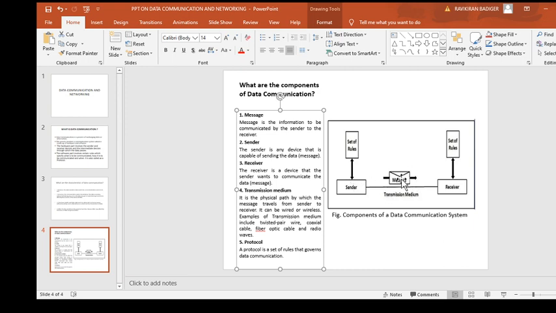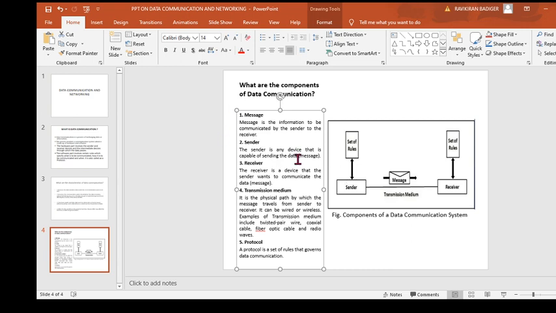And the next is what we are going to send, that is nothing but your data or the message. When the sender is sending the data and the receiver is receiving the data, how is it transmitted? It is going to be transmitted over a transmission media, which may be a coaxial cable, fiber optic cable, or twisted pair cable.